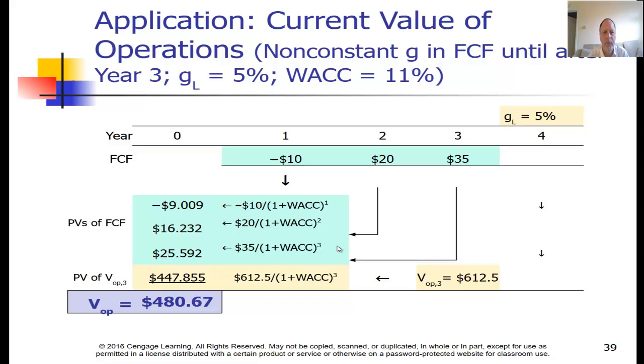And 35 divided by 1.11 cubed gives us 25.592. Our terminal value of 612.5 million divided by 1.11 cubed gives us 447.588. Summing all of these up, we get the value of operations today of $480.67 million.